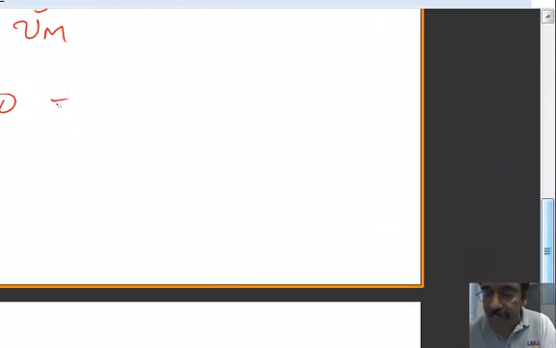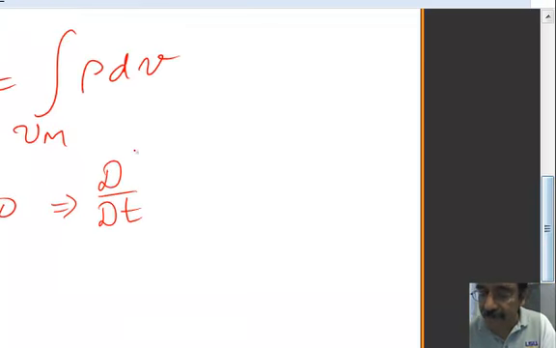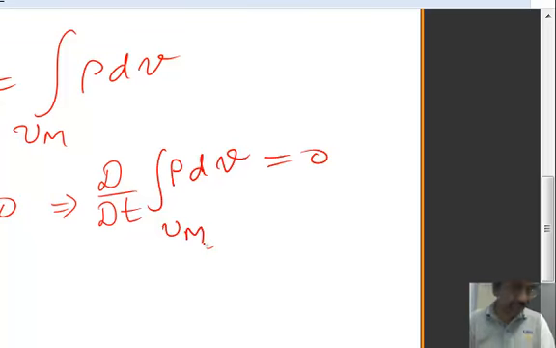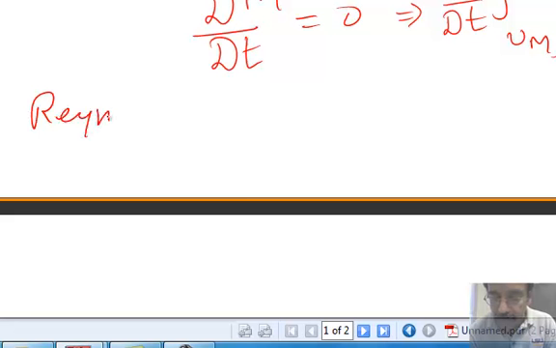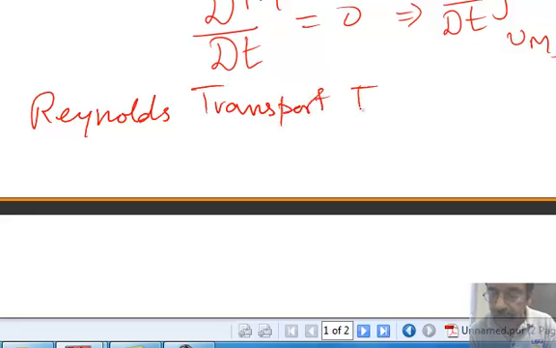Okay. So this can be written then as d/dt of whatever expression I had for m, which is the integral of rho dV, equal to 0. Now we are going to use something called the Reynolds Transport theorem, which is a result from calculus that relates the derivative of an integral. We have already seen the Leibniz rule. This is the same relationship in a Lagrangian frame of reference, and it goes like this.